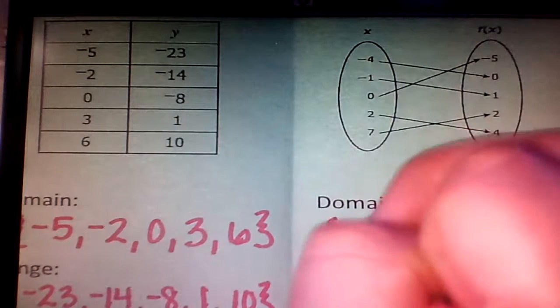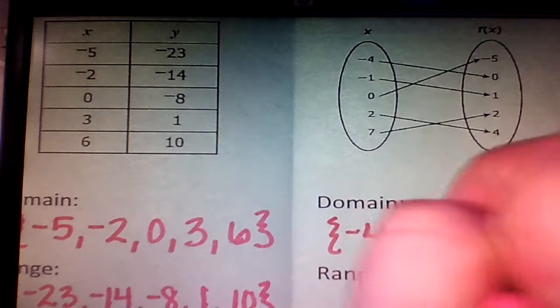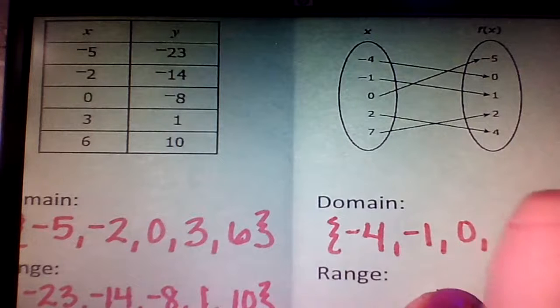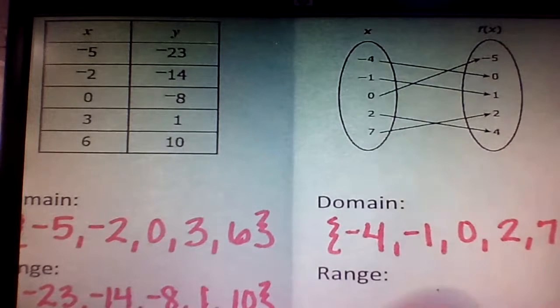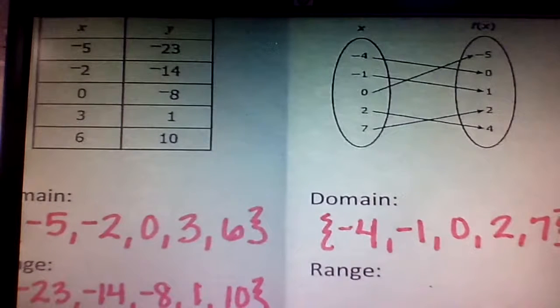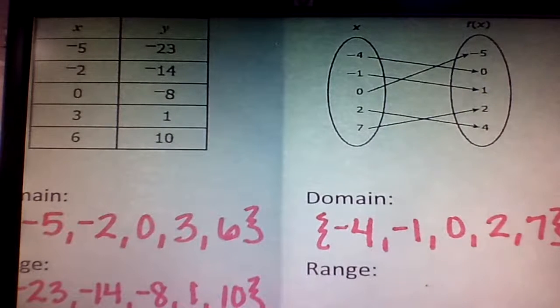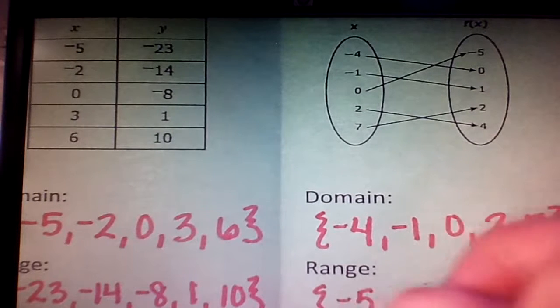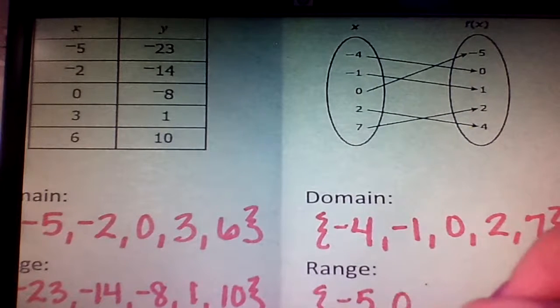So your domain here is -4, -1, 0, 2, and 7. Your range then is -5, 0, 1, 2, and 4.